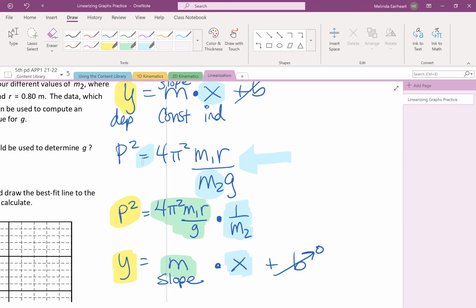I can't just multiply by m2. I'm not trying to move it to the other side. And so I want to keep it on the same side, just pull it out of that group so that I group my constants. All of these are constants, but m2 is not. And so it has to stay in the denominator because that's where it is. That's how you keep your equality. Okay. Any others?